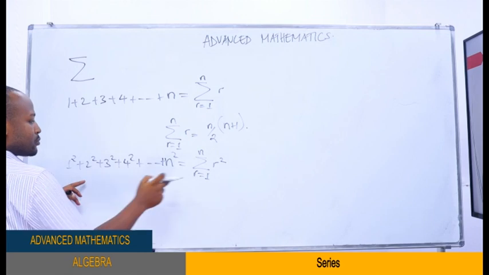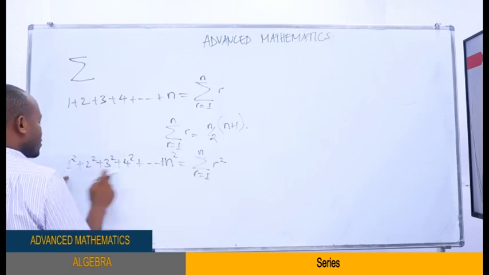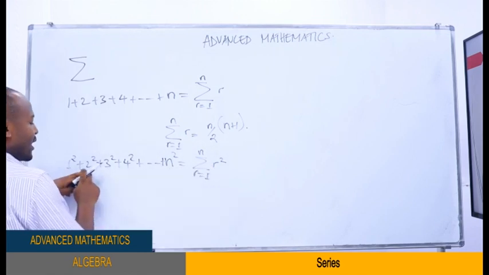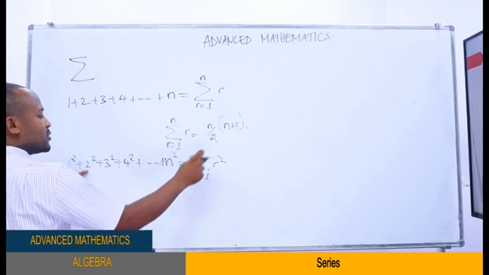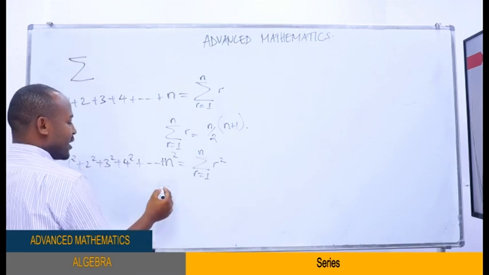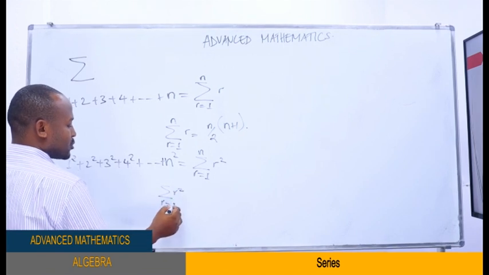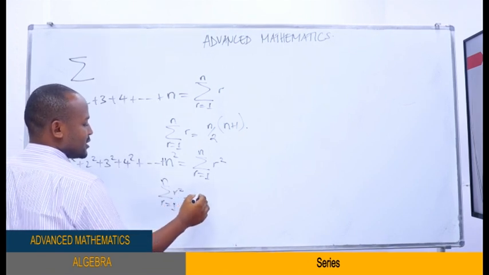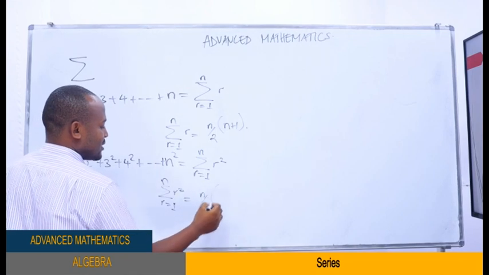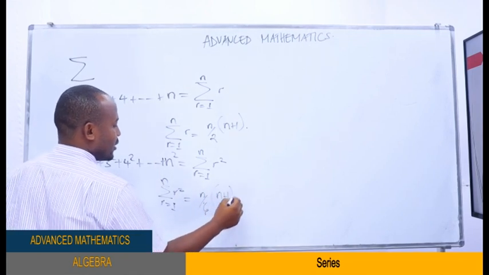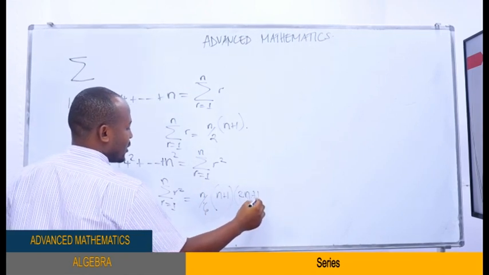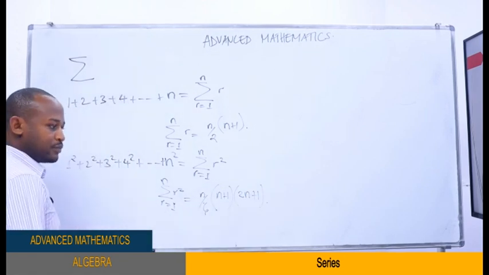That means when r is equal to 1, we have 1 square. When r is equal to 2, we have 2 square, and we go on. The formula for that, the summation of r square when r is equal to 1 to n, is n over 6 times (n plus 1) times (2n plus 1).